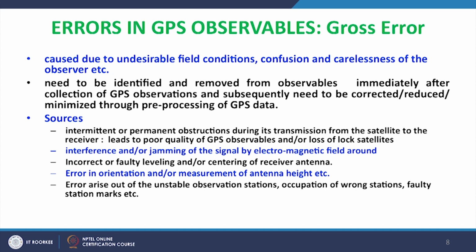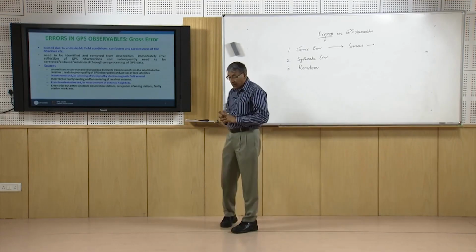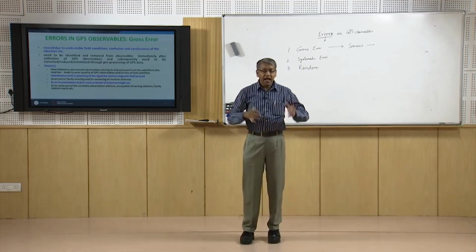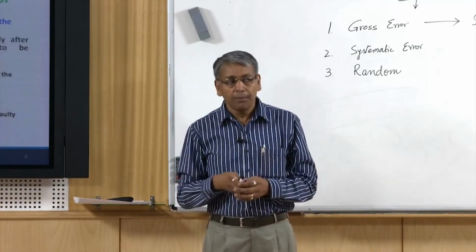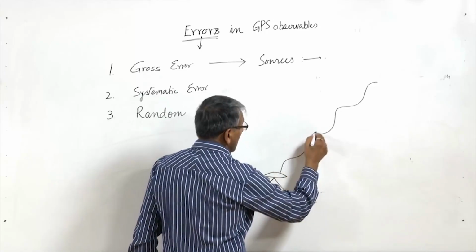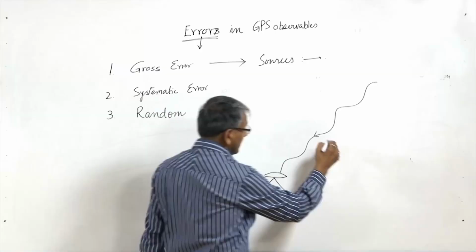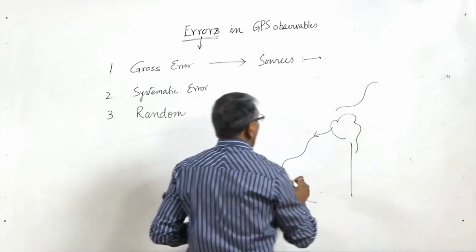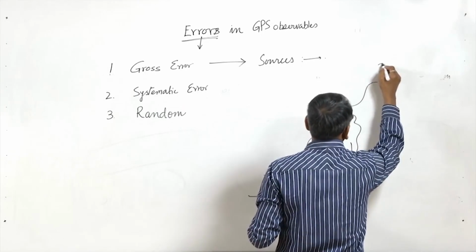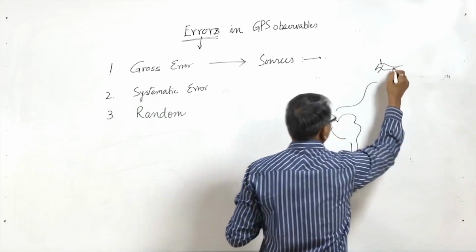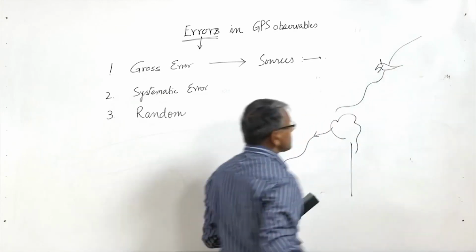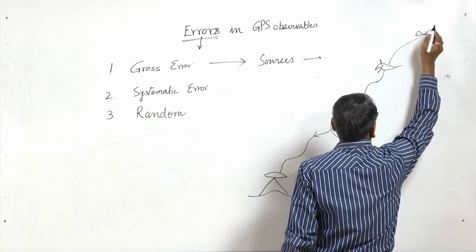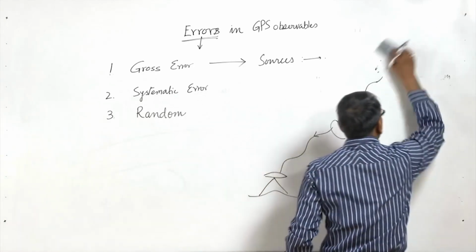Now, what are the sources of gross errors? The most important and widely prevalent gross error is due to the physical obstruction of the signal as it is received from the satellite, because many times our signal may not get a clear sky, and may be interrupted by some trees, or there may be some birds flying, so the signal may be disturbed by them, or there may be some aeroplanes, or many other ways.